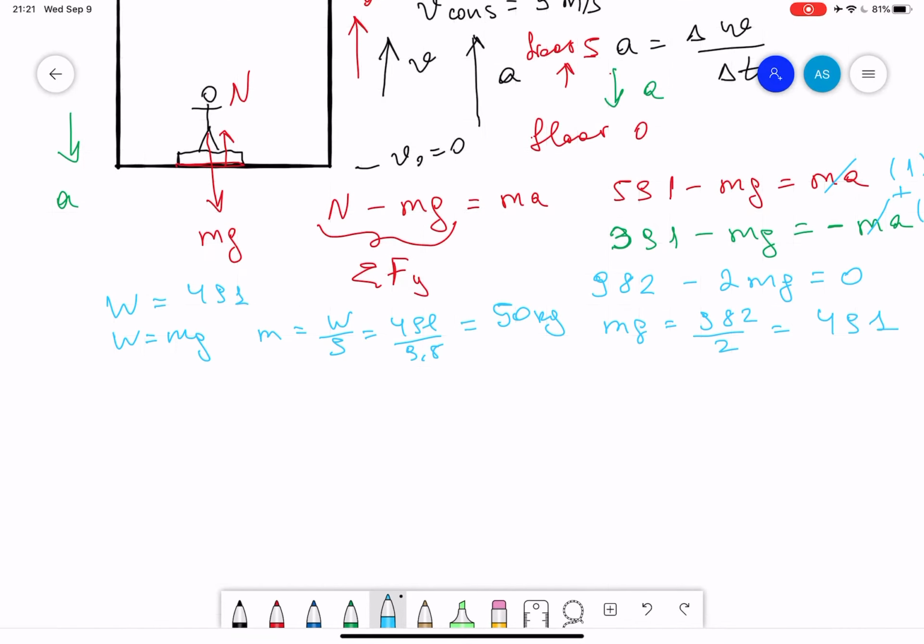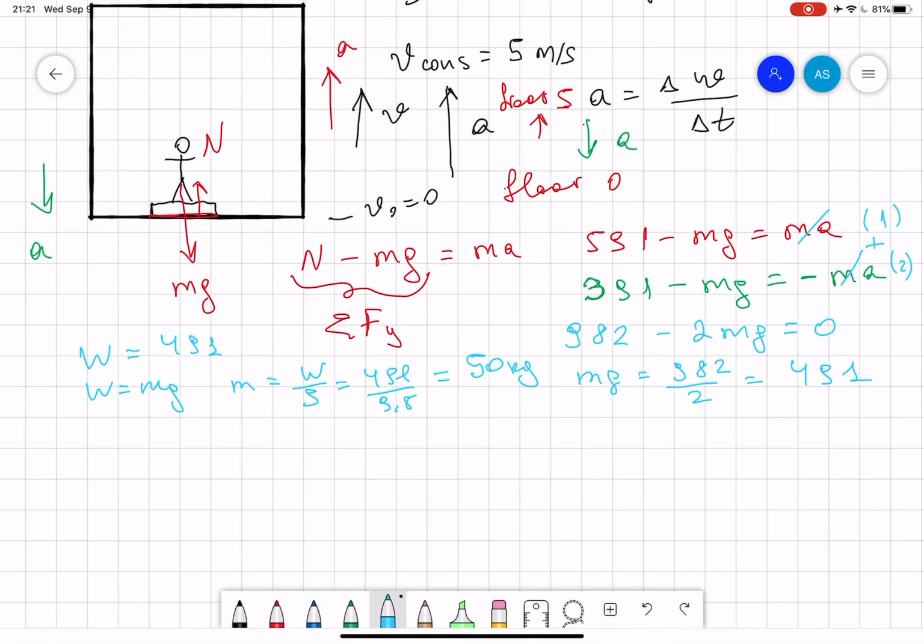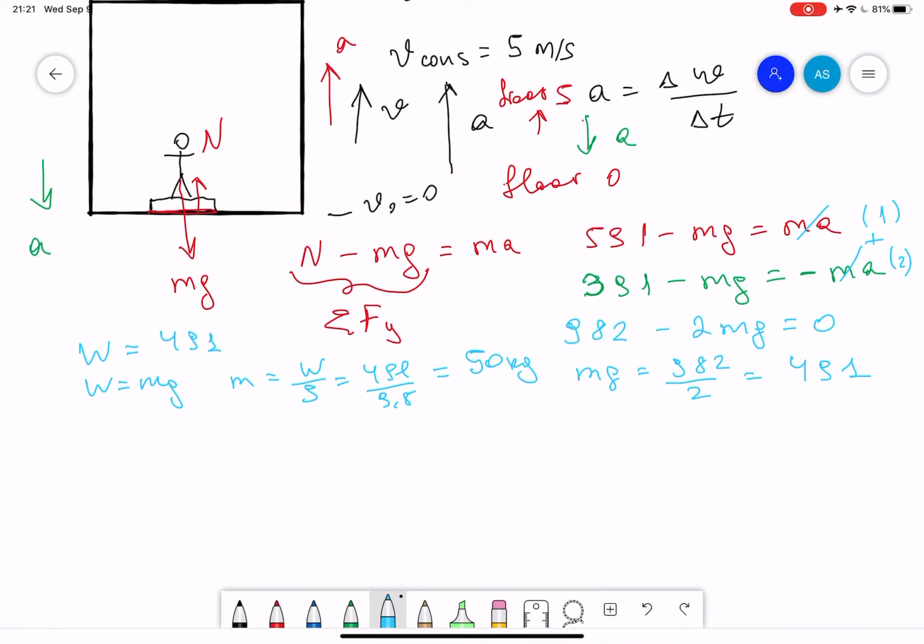Okay, now in the last part we want to find the acceleration. In order to find acceleration, you can use either the first equation or the second equation. It doesn't matter, you will get the same acceleration. We found the mass, so let's use the first one.